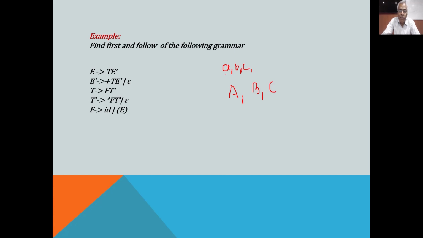The set of terminals will be the small letters of the English alphabet, and sometimes we also use Greek letters like alpha, beta, gamma, etc. And there are some other terminals like epsilon, that is used for the null symbol, and dollar. These are the two special symbols. They are also known as terminals. So these are the set of terminals, and these are the set of non-terminals. Generally non-terminals are denoted in uppercase letters.